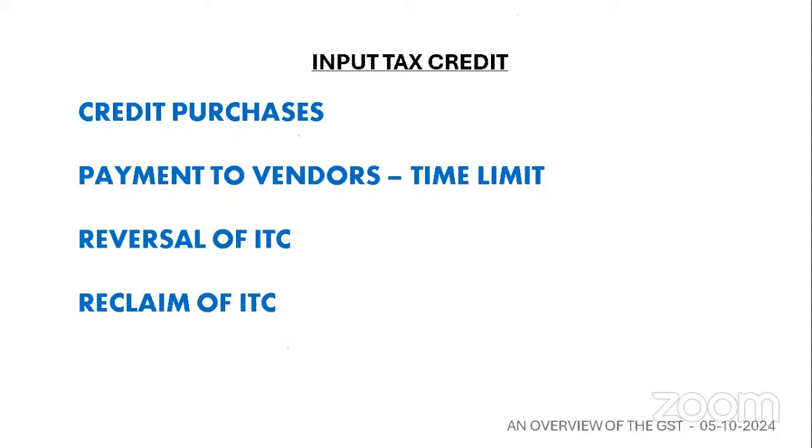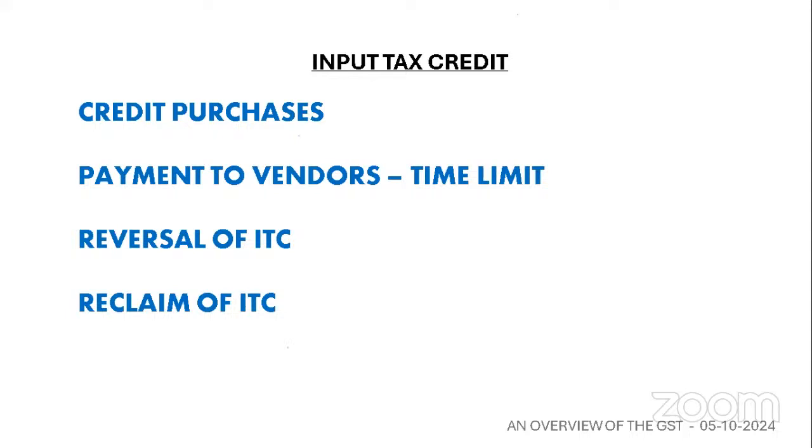However, the law says that for the credit purchases you have made, you have to make payment to those vendors within 180 days from the date of invoice. There is a condition.